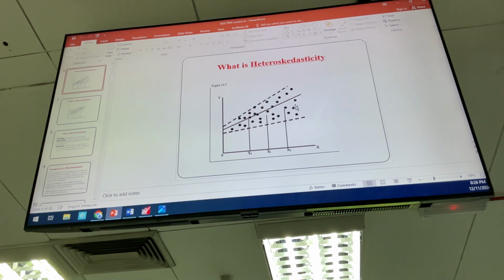For Ipoh, you calculate the average expenditure and average income for each person in Ipoh, for example. By doing so, you are able to lessen the problem of heteroscedasticity, or even avoid it. Okay, use the per capita variable.